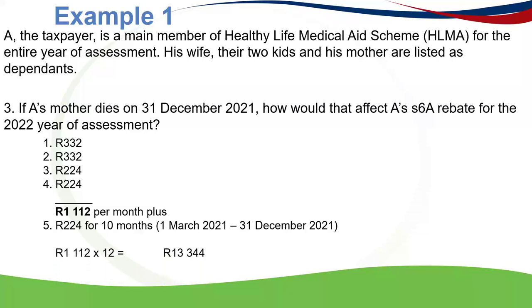So if we look at then what the credits would be for the entire year of assessment, it will be made up of the 1,112 per month plus the 224 only for 10 months, which is the 2,240, and that will give you the Section 6A credit for this taxpayer for the entire year of assessment amounting to 15,584.